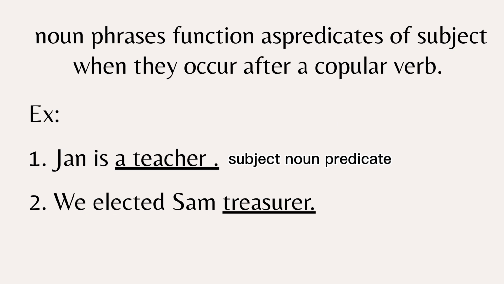Number 2, we elected Sam treasurer. The object noun predicate here is treasurer. It describes Sam, the direct object. Subject noun predicate and object noun predicate are types of predicates that use a noun or noun phrase to describe the subject or the direct object of a sentence.